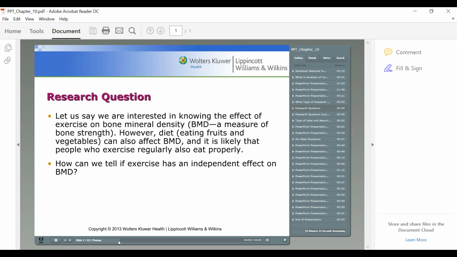The ANCOVA would be the appropriate analysis for that, assuming we randomly assigned participants to one of the two conditions. The differences in the pre-test would be balanced out, or quote-unquote controlled for, through the ANCOVA, and then the differences in the post-test would be analyzed. Even with random assignment to each of the conditions, the control group would have a pre-test mean and the treatment group would have a pre-test mean, and they may look a little different.